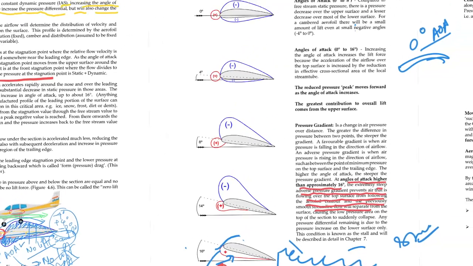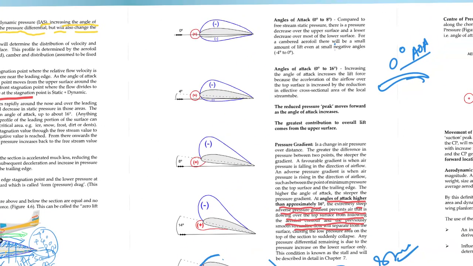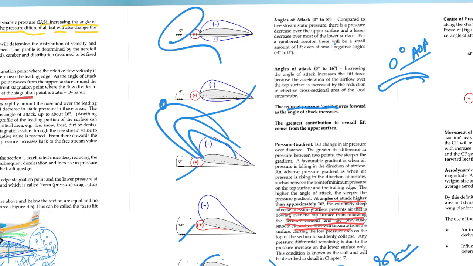At 0 degree angle of attack, does the wing produce lift? If it is a cambered wing, yes, 0 degree also it will produce some lift. 4 degree, 8 degree, 14 degree, what happens as the angle of attack increases? Your reduced pressure peak slowly moves forward. Okay, the peak moves forward.